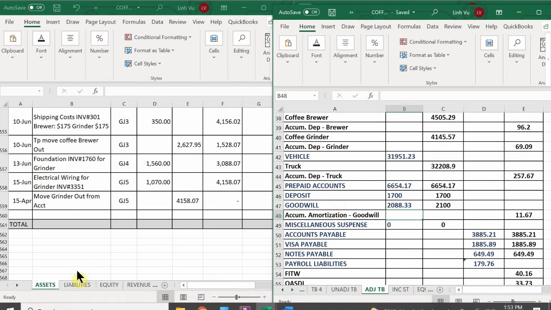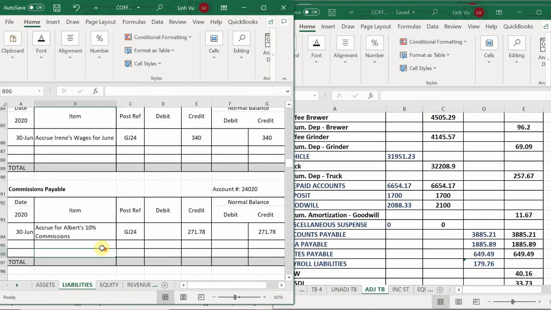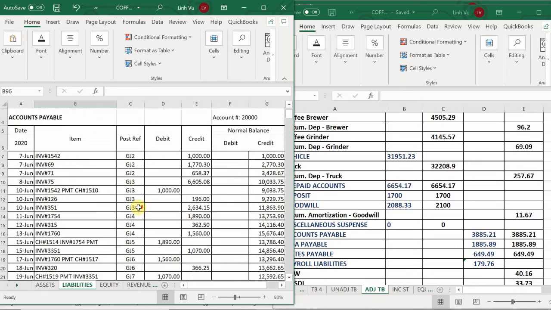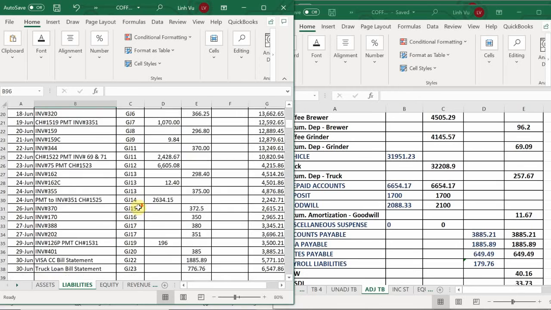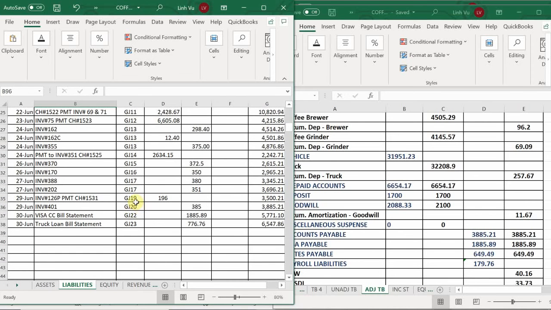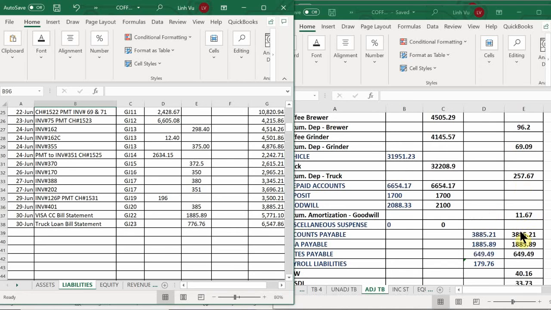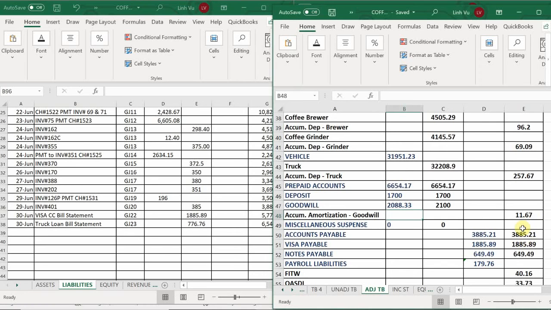So next is going to be liabilities. Okay, liabilities. Of course, 100% my accounts payable has changed, right? What's the value of my accounts payable? 6,547.86.